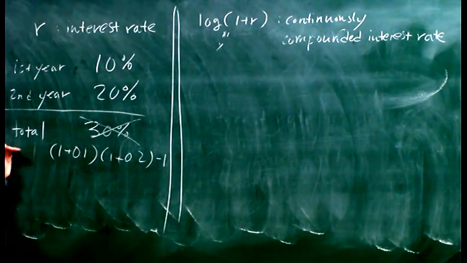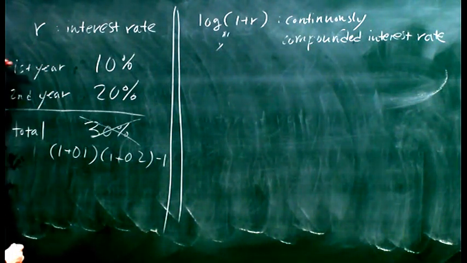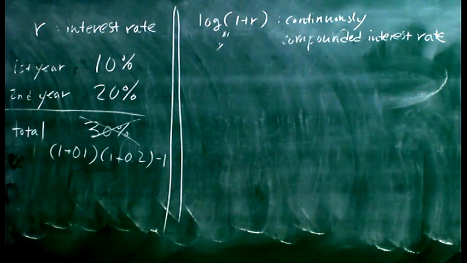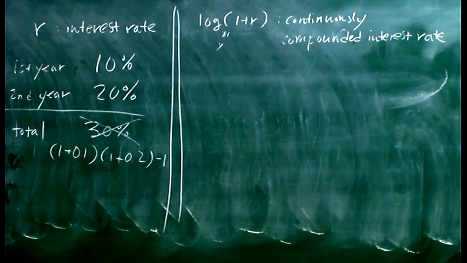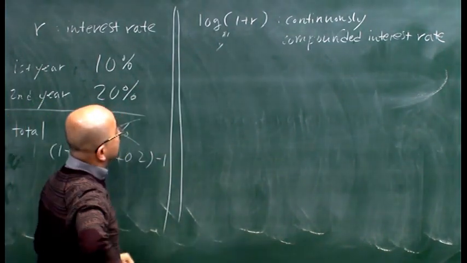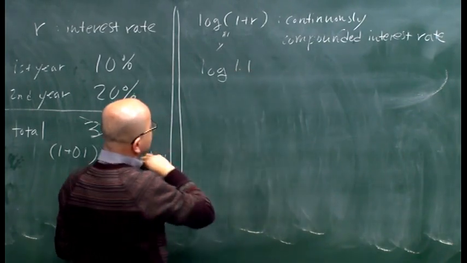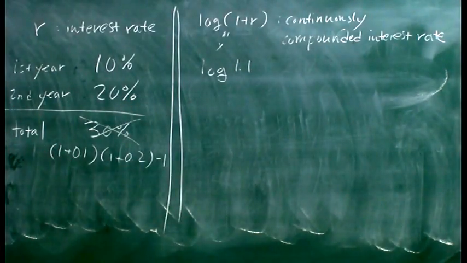Well, this is okay, but it's not very simple to work with, especially if you have multiple years, not just first year, second year. If you have 10 different years, the formula will become rather messy. Now, for the same situation, let's say we express the interest rate using the continuously compounded interest rate. Then for the first year, instead of saying it is 10%, you will take the log. So you will say the interest rate is log of 1.1.